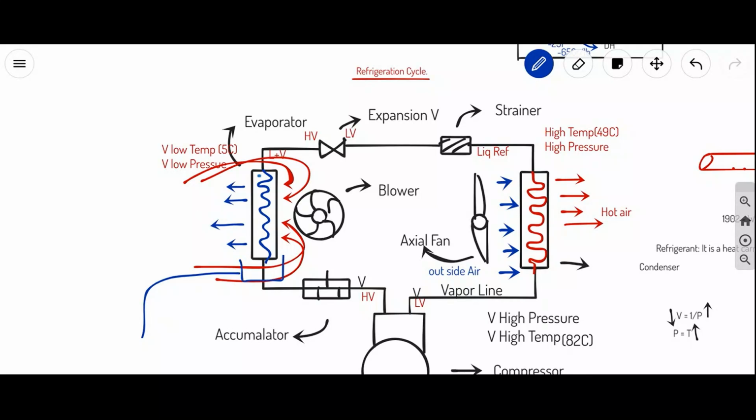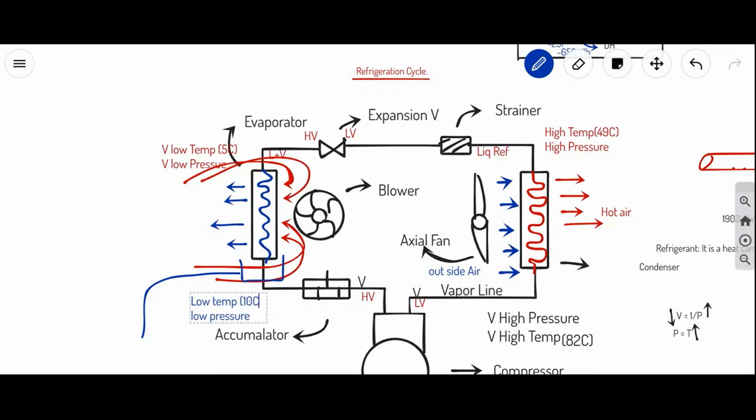So you'll get comfort air. This very low temperature will become low temperature and low pressure. Low temperature, low pressure.